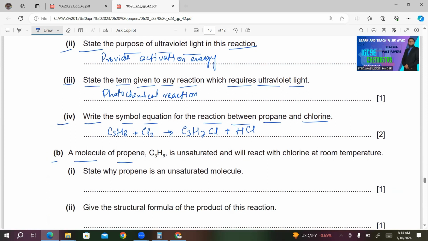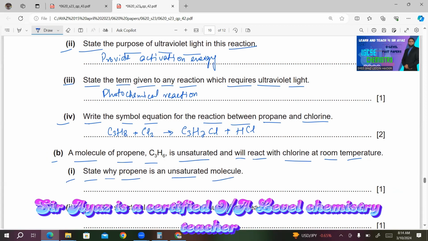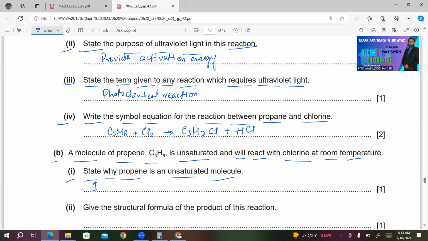B. A molecule of propene C3H6 is unsaturated and will react with chlorine at room temperature. Number 1, state why propene is an unsaturated molecule. It contains a carbon-carbon double bond.